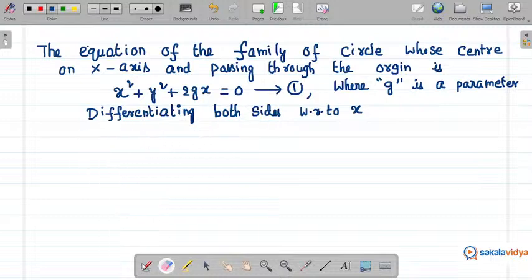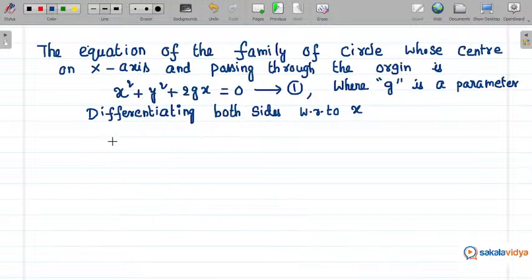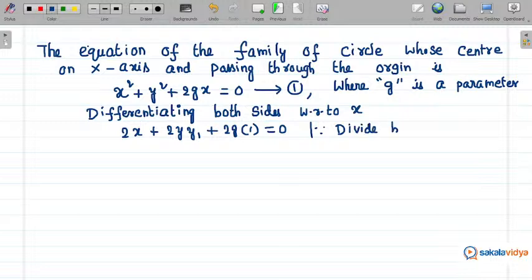Once again, derivative of x square is 2x, derivative of y square is 2y, again y derivative is y1, plus 2g into x differentiation 1 equals 0. Now divide both sides by 2, then what do we get?